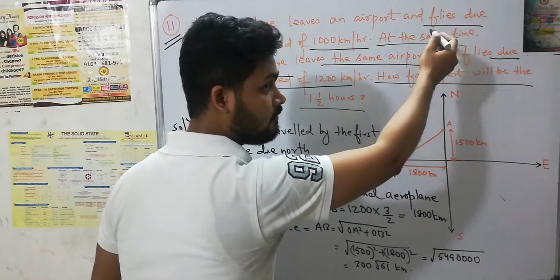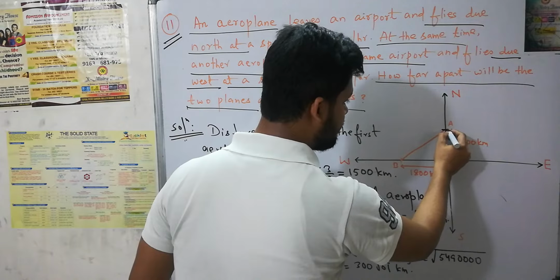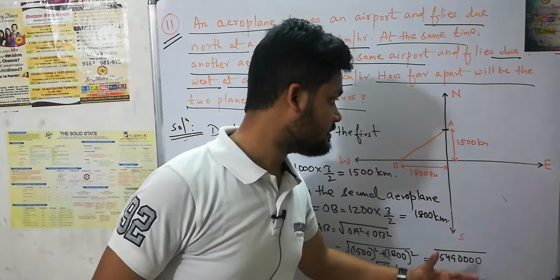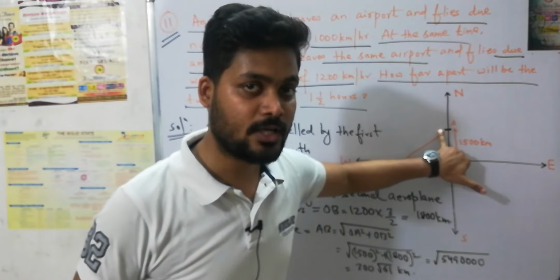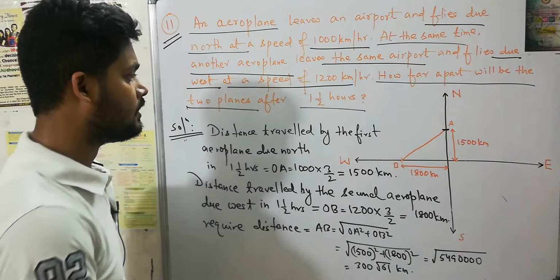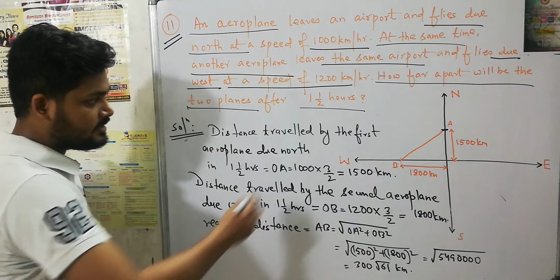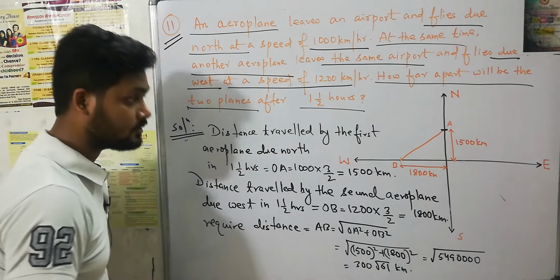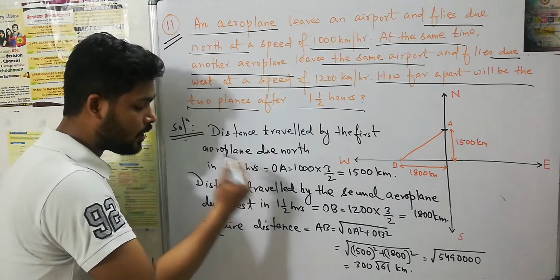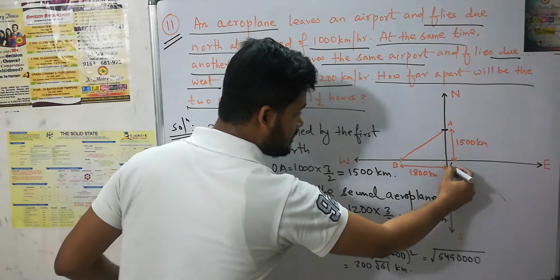Let us suppose that at point A, the first aeroplane has covered the distance. How much distance? Let us calculate. The distance traveled in 1.5 hours, and on the figure, what is that representing?